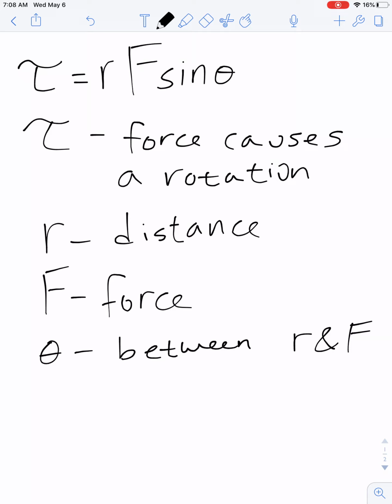So the units here, just to remind you, a torque has units of Newton meters. r is measured in distance, which is meters, and force is newtons. And then, of course, theta can be in degrees, as long as your calculator is in degrees when you calculate it. So, yeah, that's what we know about torque. You guys had an assignment on this already.